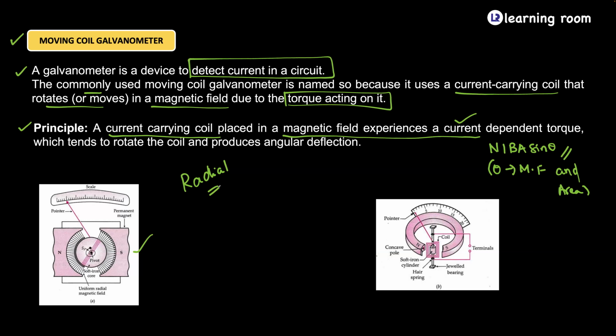The soft iron core is used here because, due to the magnetic field generated by the already existing magnets, this iron core will also get magnetized. Are you able to understand what I mean by it will get magnetized? See, suppose this key is there.